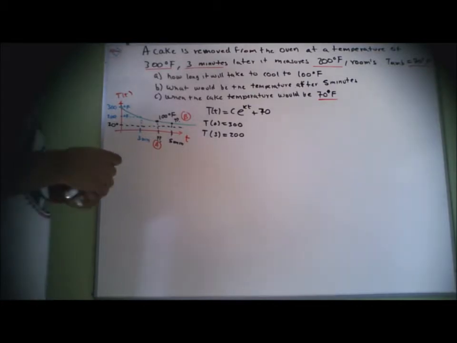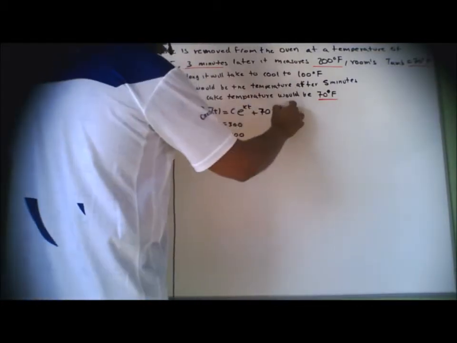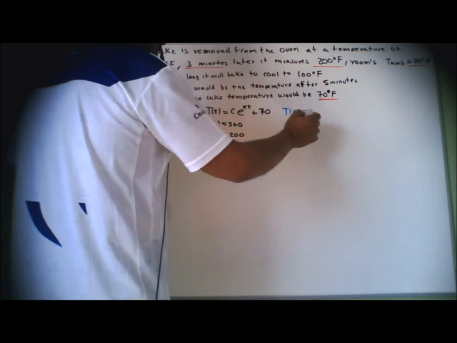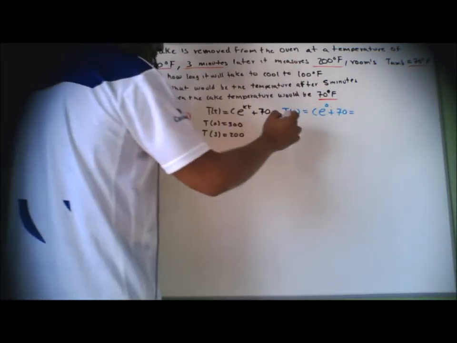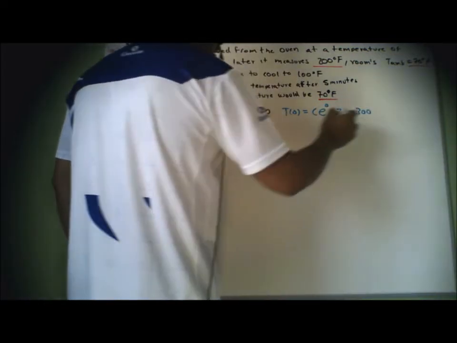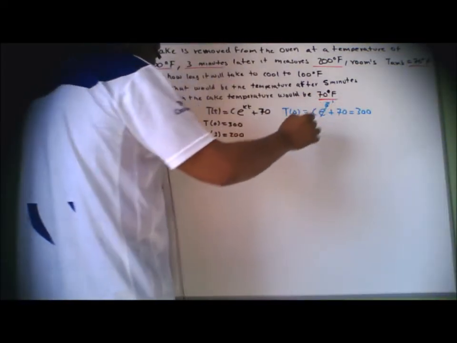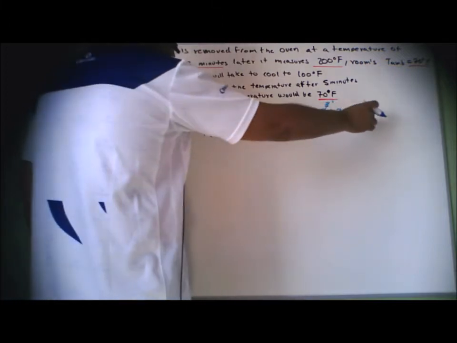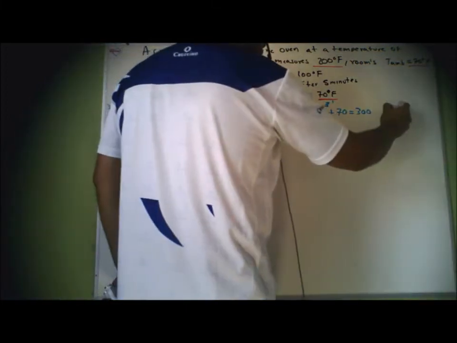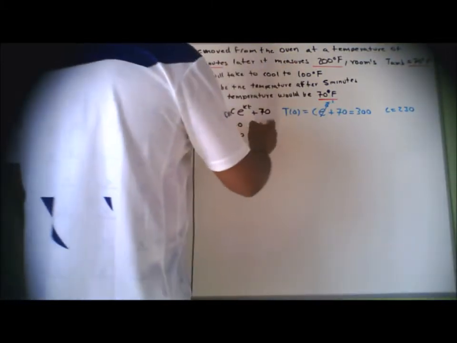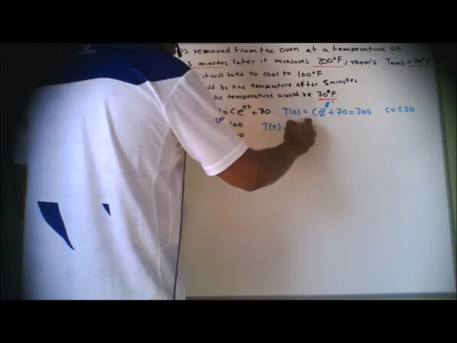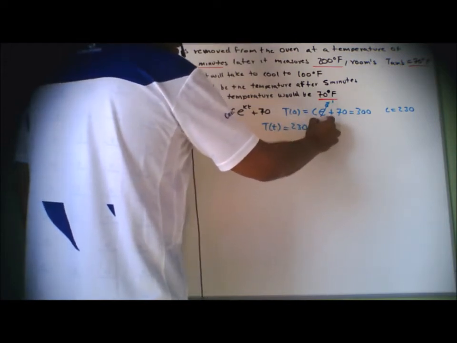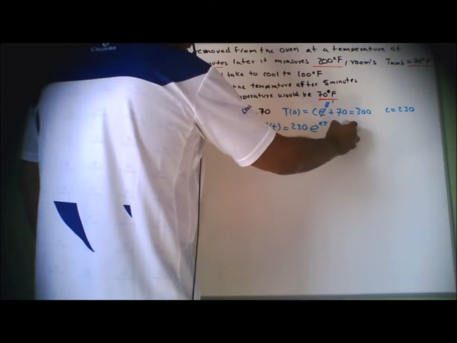So let's replace the first one, T of 0 is equal to C exponential of 0 plus 70 equal to 300. Exponential of 0 happens to be 1, so the constant C is just 300 minus 70, so that is equal to 230. So my model is T of t is equal to the constant 230 exponential of kt plus the 70.